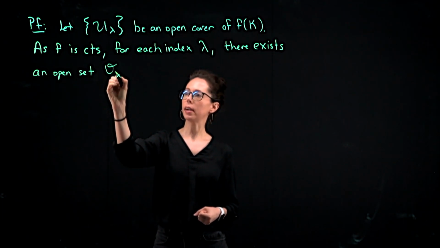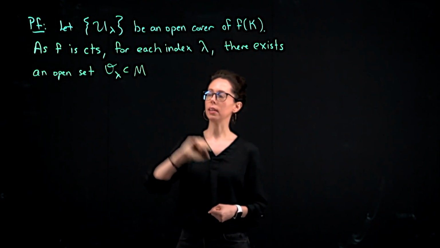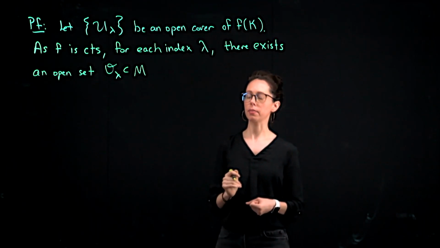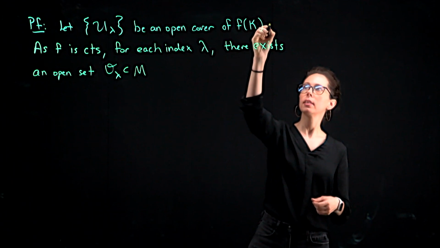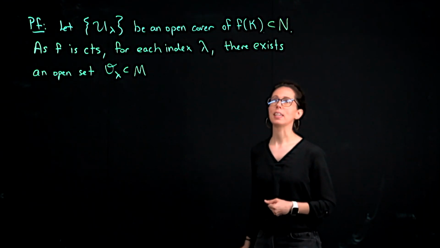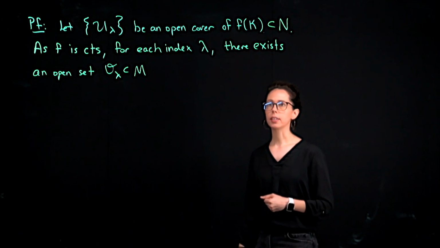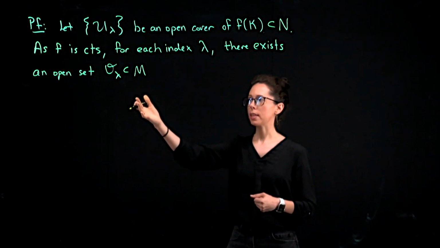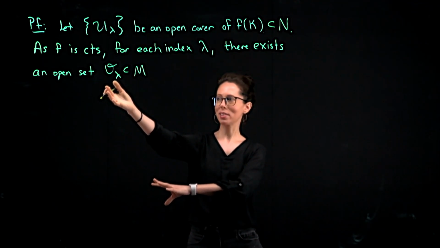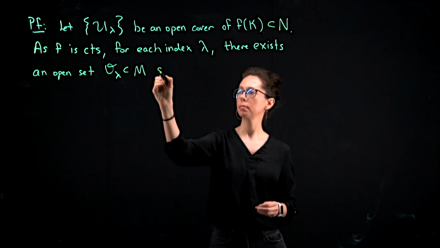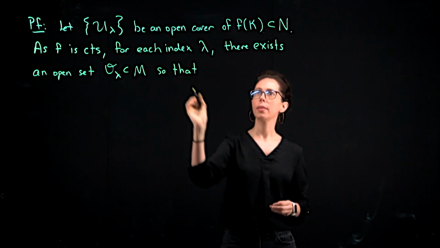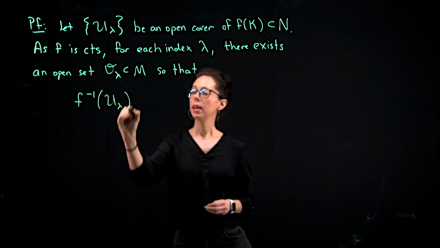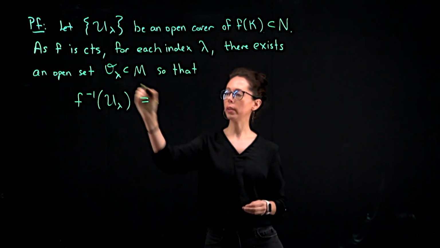And let me add here that this open set is in the metric space that is the domain of f, or the domain of f is part of the metric space M. And over here, this is in the target metric space N. Okay, continuing the sentence. As f is continuous, for each lambda, there exists an open set back in the original metric space M, so that the preimage of u sub lambda can be written as the intersection of O lambda and A.